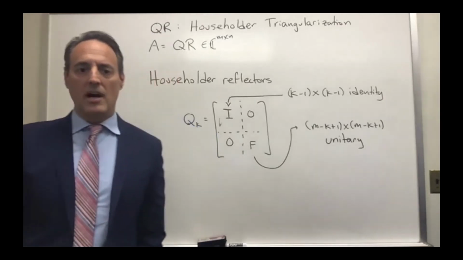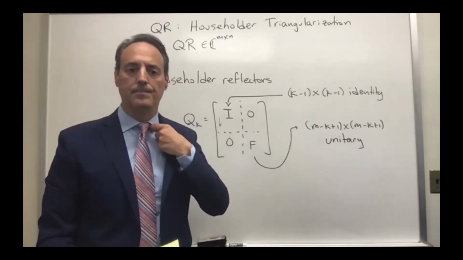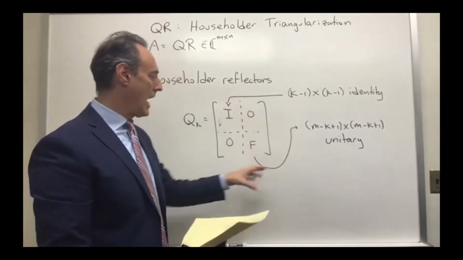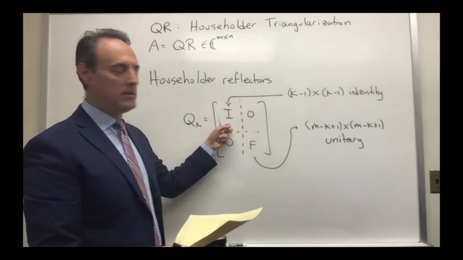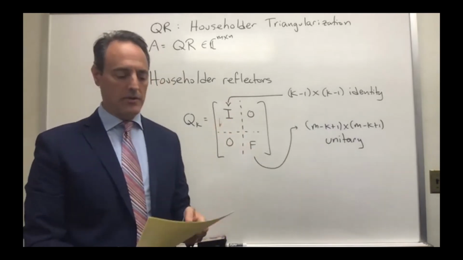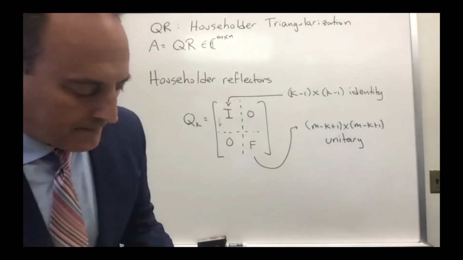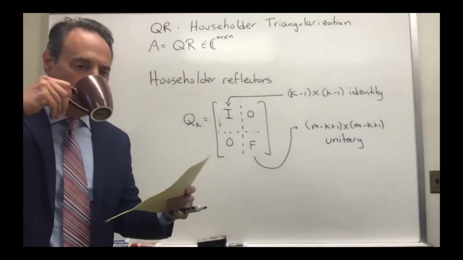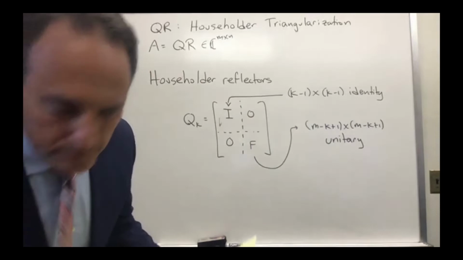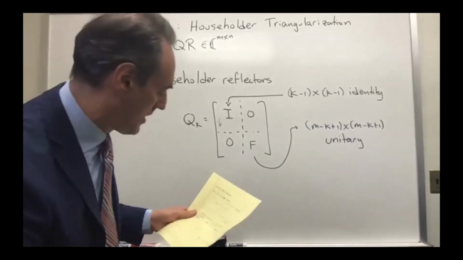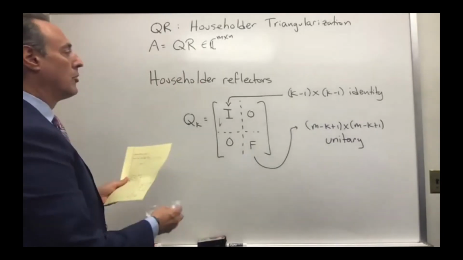Okay, so it's going to be kind of almost the same thing here. All right, so how do I construct? Well, that's easy. All I need to figure out is how to construct this F. All right, so let's go about it. I'm going to erase some of this and show you where we are with things.